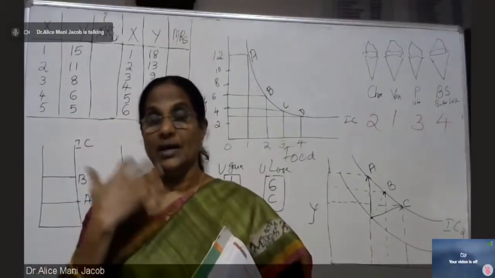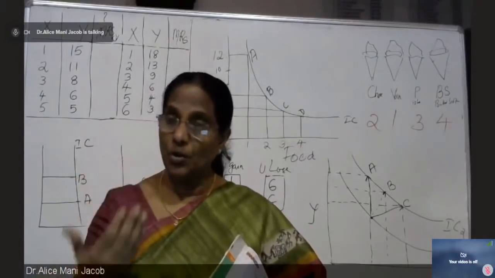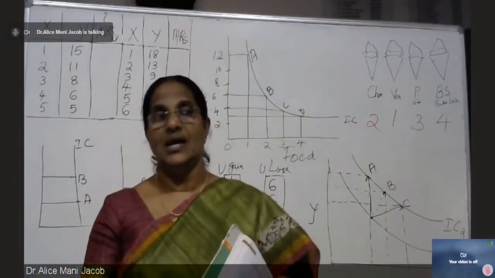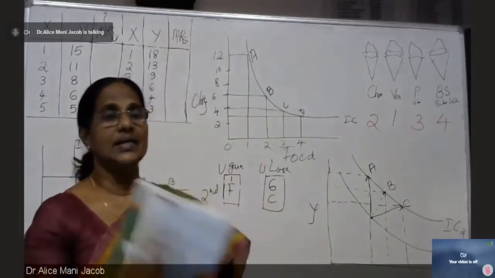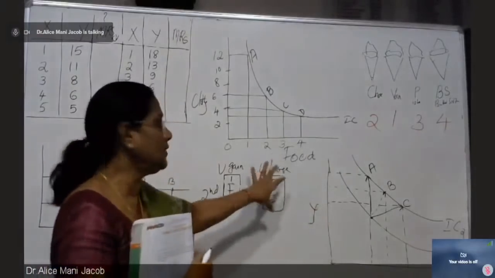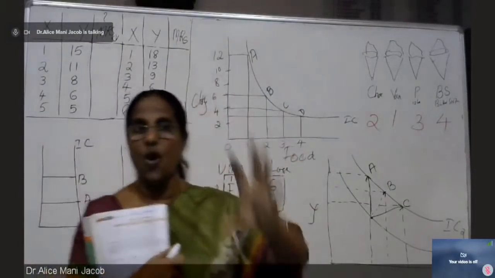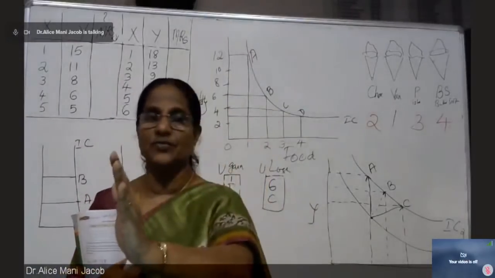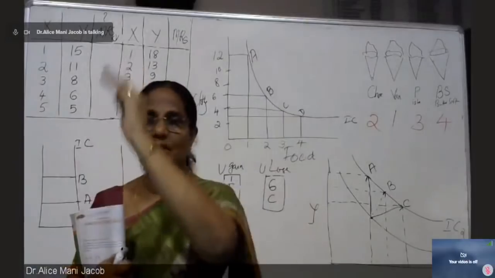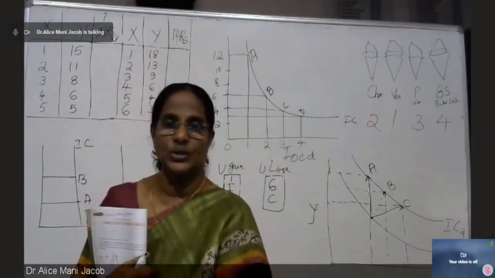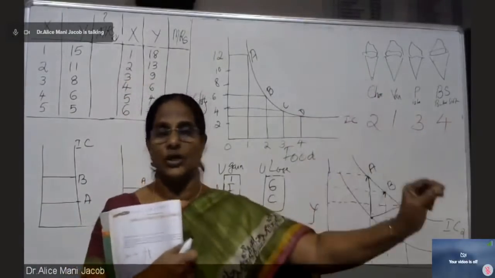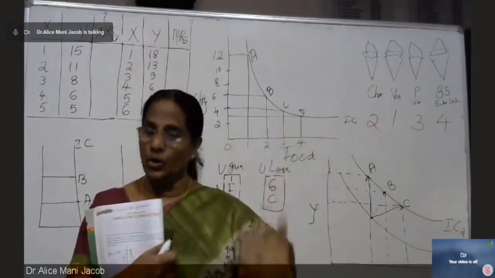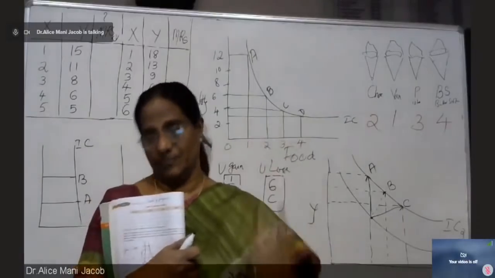So you are eager to consume 1 more unit of food for which you have great utility, and so you get utility worth 6 units of clothing. So you give up 6 units of clothing. The utility that you lose by giving up 6 units of clothing is equal to the utility that you gain by the second unit of the food.